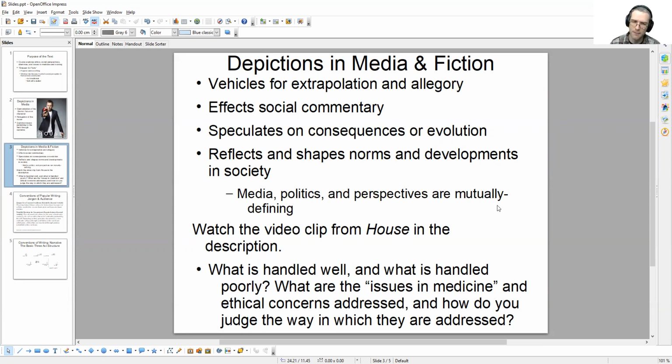In either case, whether it's a dramatization of real-world issues or a kind of science fiction allegorization of these issues, the texts are still reflecting on the society and those issues themselves.